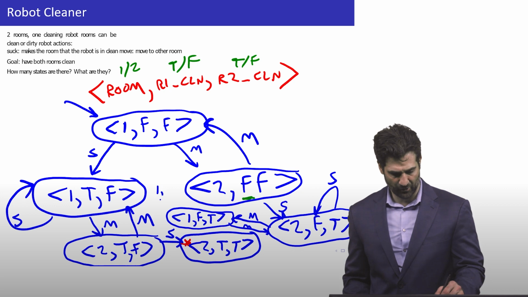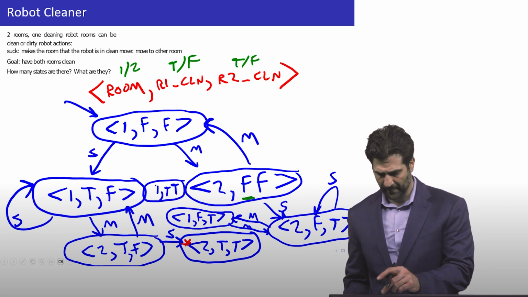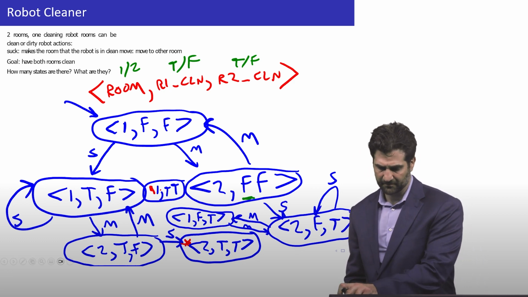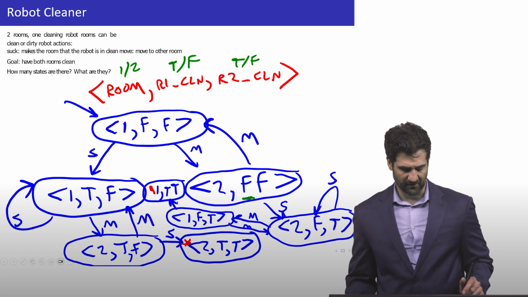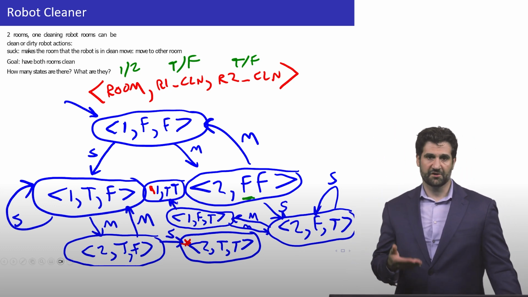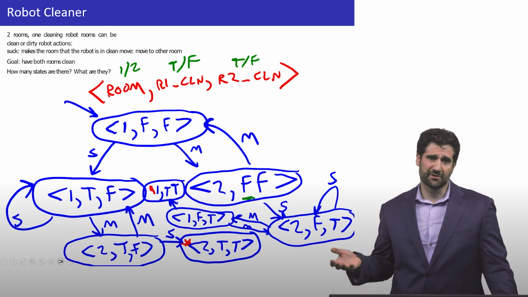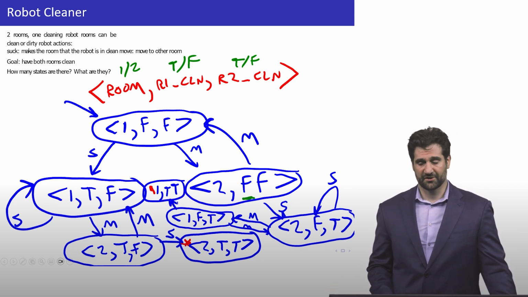Then it's going to be 1 TT. And that's another goal state. Okay. Now, of course, if it's in the goal state, you could say it could take further action, but there's really no point in modeling that because since we define that as a goal state, the problem is done once it reaches there.